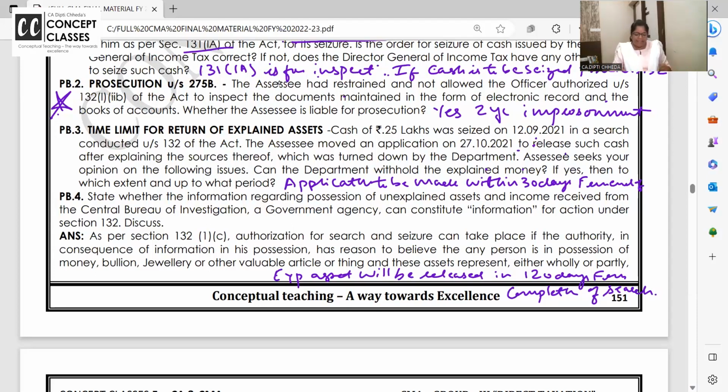Finish writing, I'm waiting. And is it clear also? From the end of the month in which the asset is seized, if it is an explained asset, SSC can make an application, give all the explanation about the assets acquired, how and all, and that will be released. Okay, right.